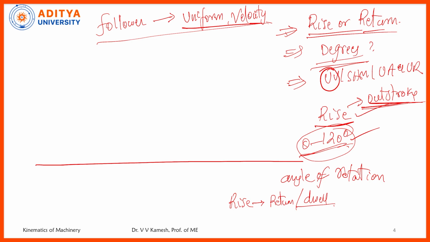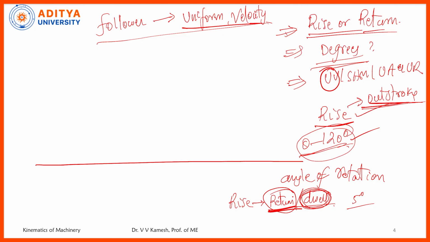In 99% of cases we will follow with the dwell only. Otherwise there are some disturbances. To avoid the disturbance, we will take a small dwell, at least 5 degrees. Return immediately is not designed at all. We will discuss later what will happen if I design the return immediately after the rise, after the calculations part is over.